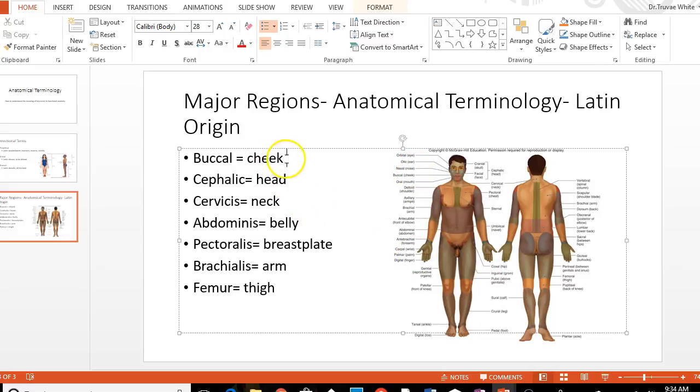But I just picked out a few of them. Buccal means cheek, cephalic means head, cervicus means neck, abdominis means belly, pectoralis means breastplate, brachialis means arm, and femur means thigh.